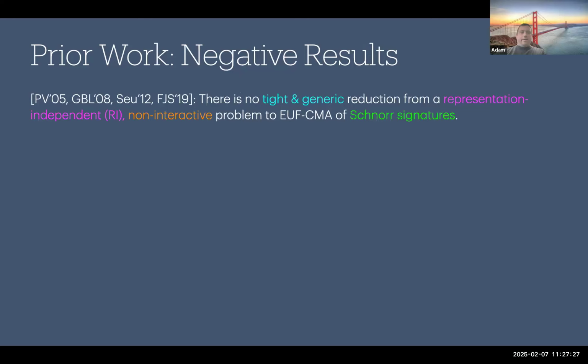Okay, good. So interestingly, I don't know how well known this is, there's an interesting sequence of works on negative results for this problem as well. The culmination of this line of work is that they prove that there's no, this is a complicated statement, but a tight and generic reduction from a representation.